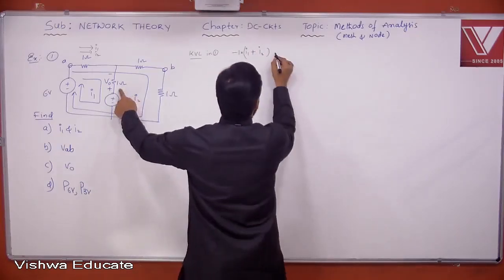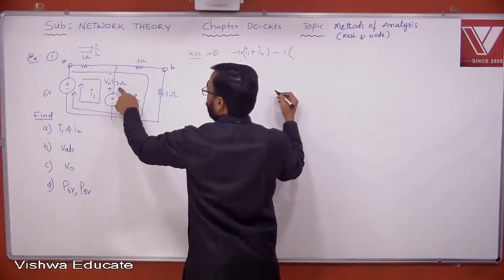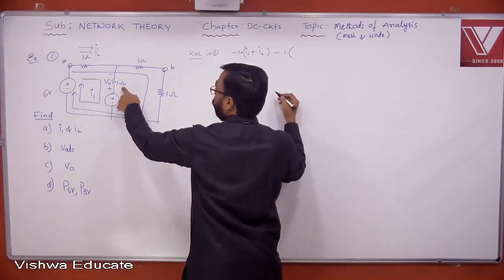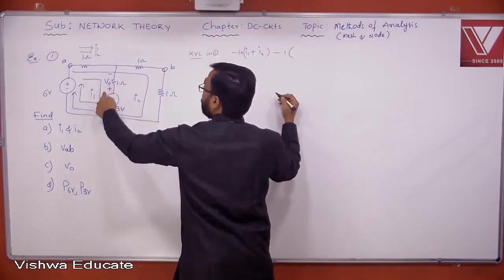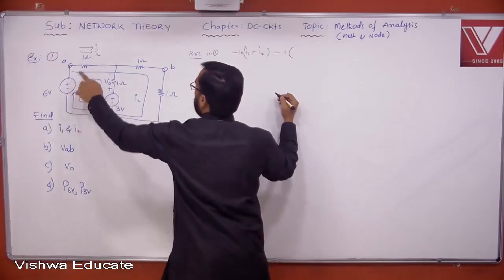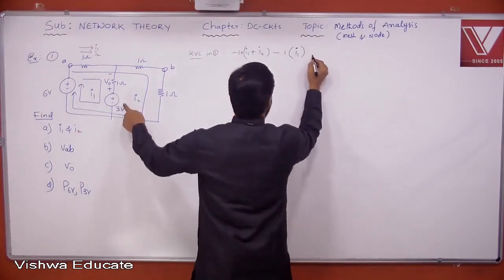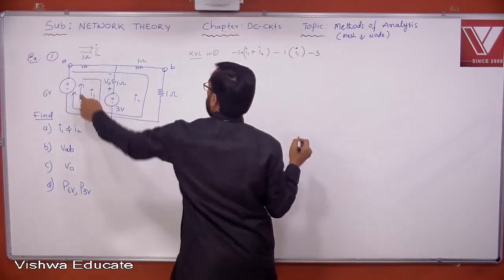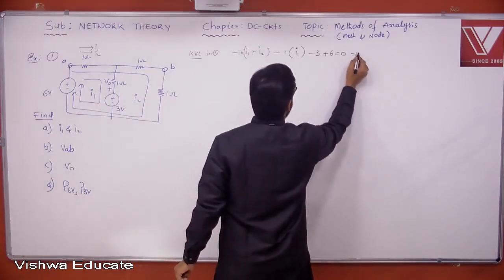What about this? Minus 1 into, only I1 is passing through it. This element belongs to only the first loop according to the selection of loop currents. Yes or no? Minus 3, plus 6 is equal to 0.